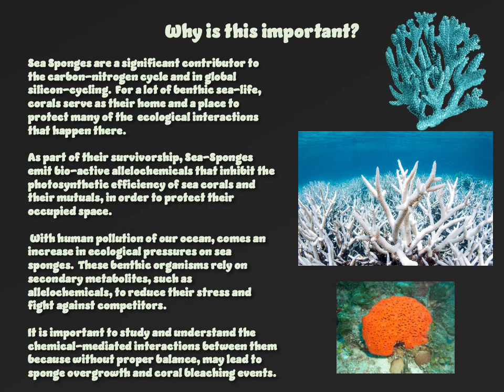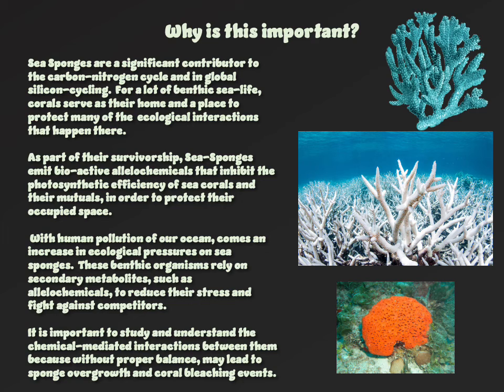So why is this important? It's important to note that sea sponges and corals are very important for the ecosystem. The sea sponge is an important part of the carbon-nitrogen cycle, and the corals are home for many sea life and ecological interactions. And so as part of survivorship, sea sponges emit these allelochemicals in order to protect their occupied space.